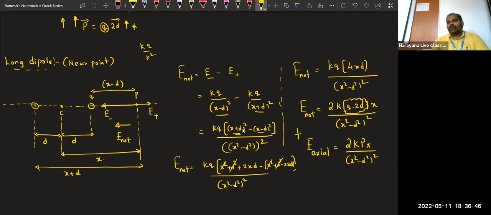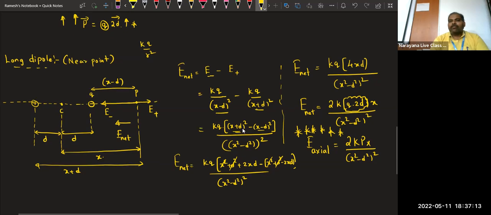Everyone has to remember this equation on your tips. Direct questions will come. Most important. In magnetic field also a similar formula will come. I already told you many times, gravitational field, electric field, magnetic field, all three are analogous, the same concepts will be there. Equations are also the same.